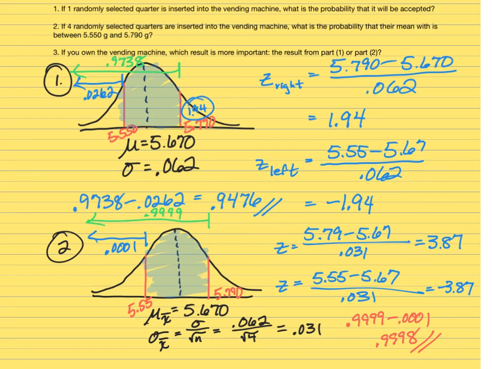You want to judge every single individual quarter. So part 1 is more important. And part 1 says that if we establish these 2 weight limits, 5.550 and 5.790, then we will be accepting about 94.76% of the quarters. But there's a little over 5% that we won't accept because they were overweight or underweight.